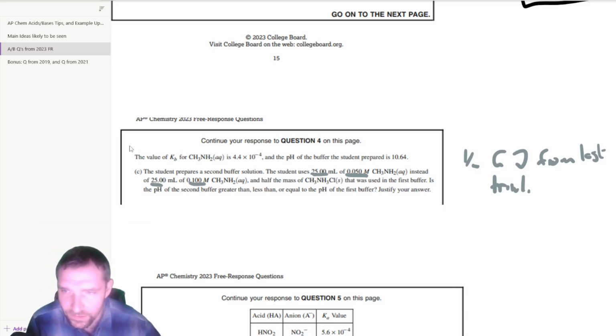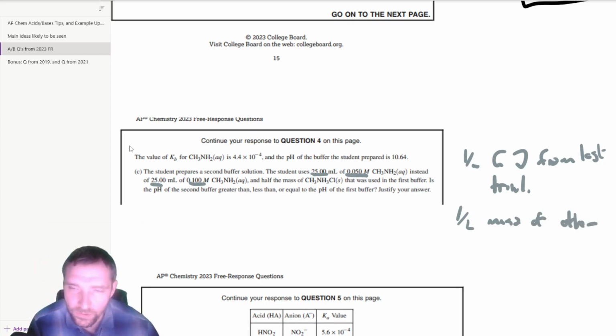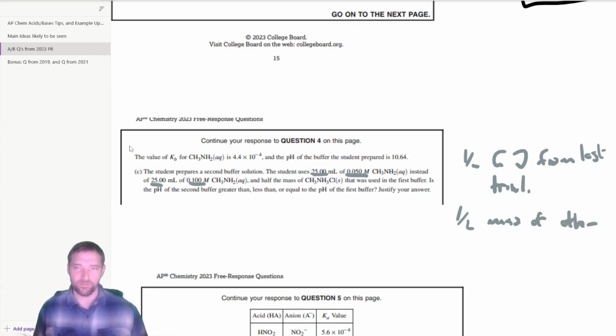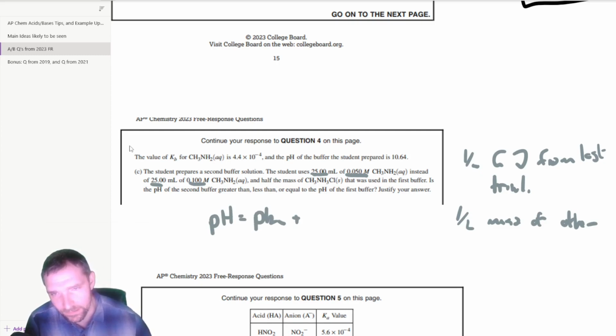So we've got half the concentration of one of these things, and we've got half the mass of the other. So you've cut both these numbers in half. If you think about your Henderson-Hasselbalch equation, the pH is equal to the pKa plus the log of these two things, the A minus over the HA.